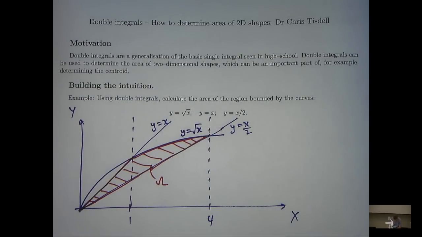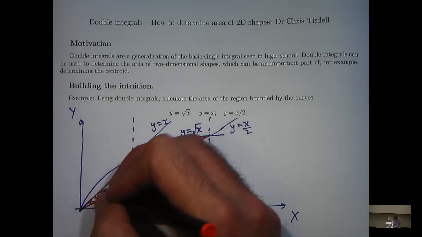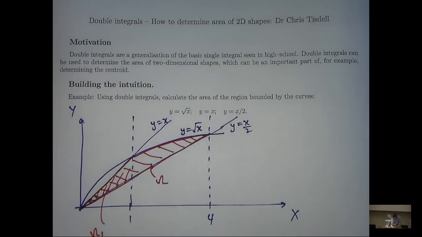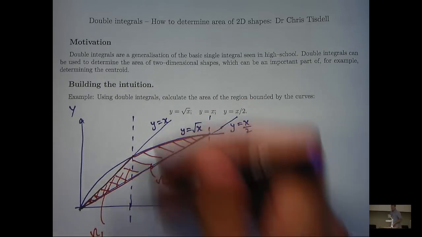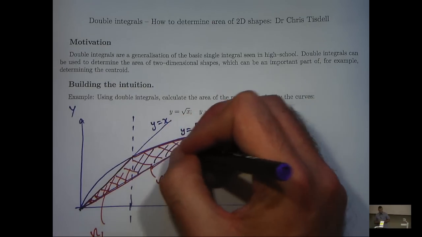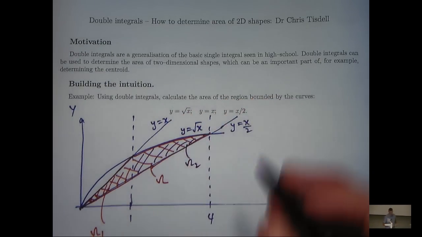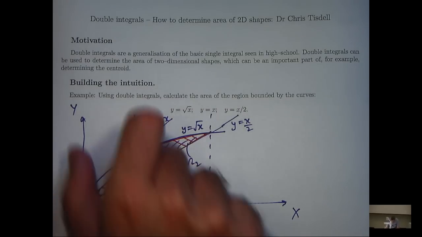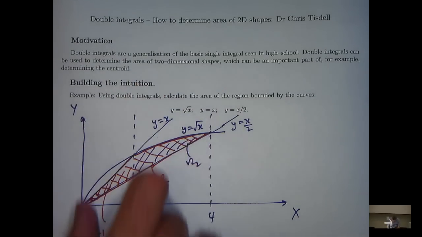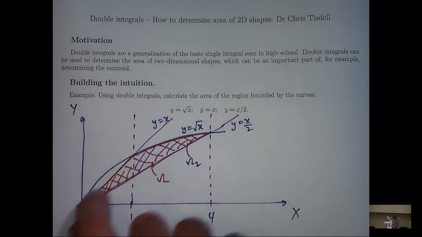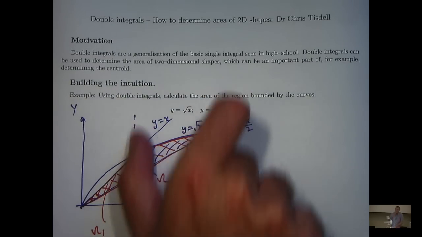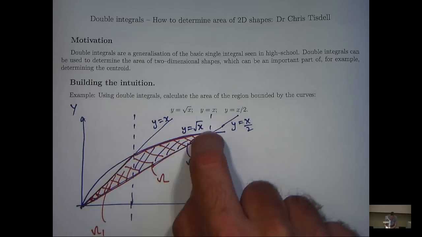So if I call this region omega 1 and this region omega 2, then you can see this region here is bounded by these two parallel lines, parallel to the y-axis, and these two non-parallel lines. Again, omega 2 is bounded by these two lines parallel to the y-axis and these two non-parallel lines.